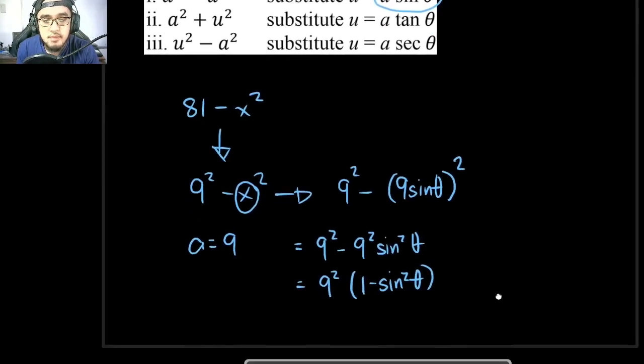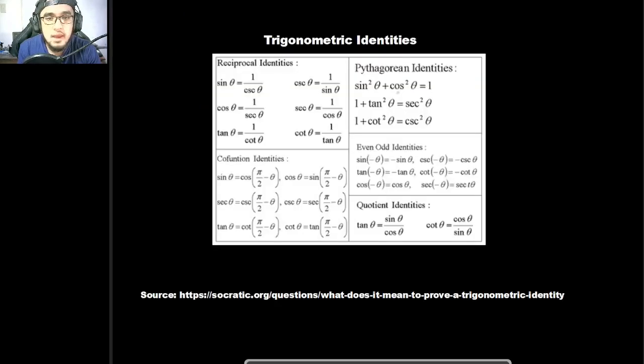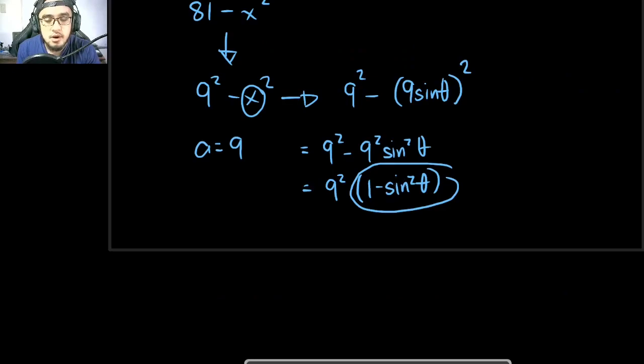But once again, speaking about our trigonometric identities, if you look at this value right here, it is basically this one. Using your Pythagorean identities, cosine squared theta is equal to 1 minus sine squared theta. So if you look at this part, this becomes 9 squared times cosine squared theta.